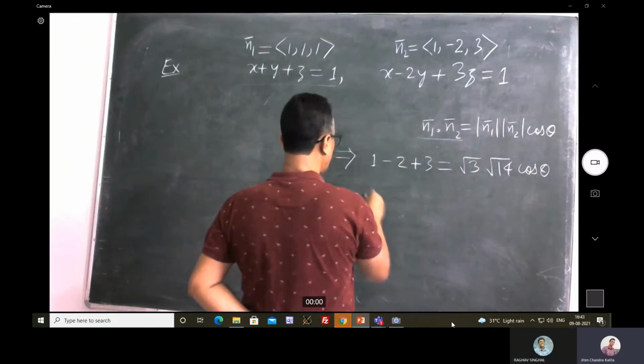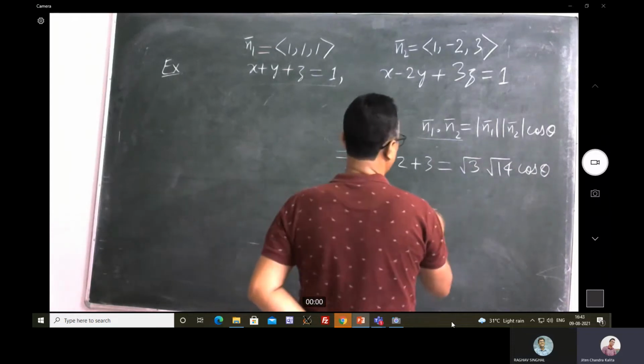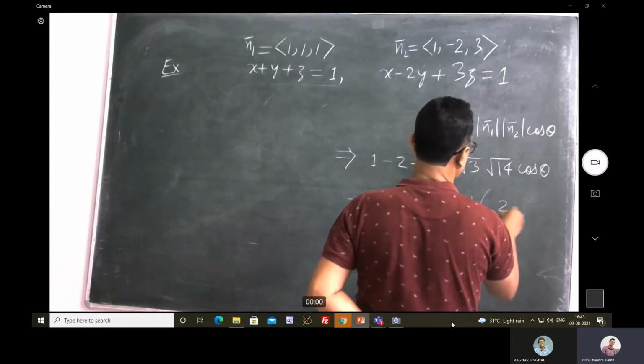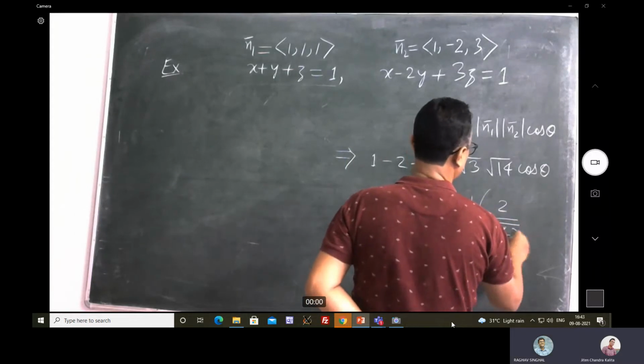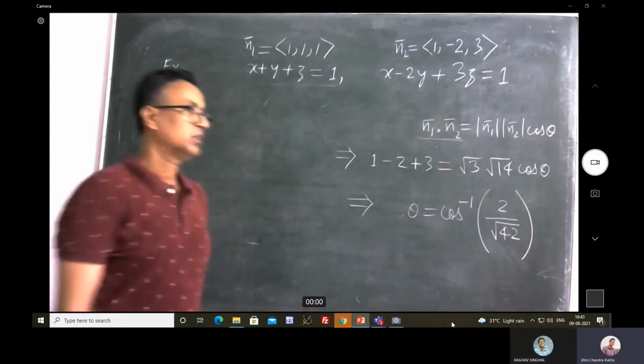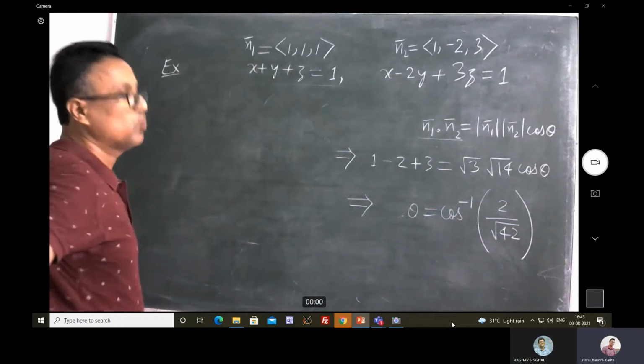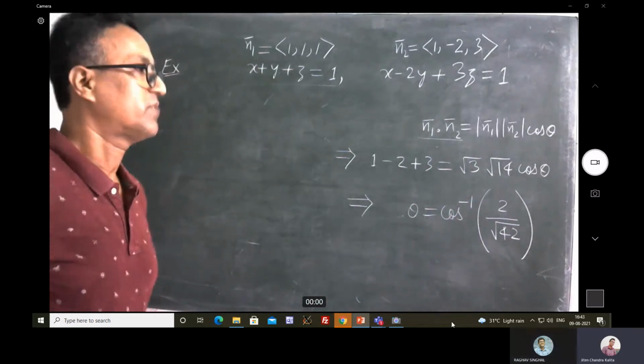So eventually from here, I will be able to find theta. This is the way we find the angle between two planes. That was my first question.